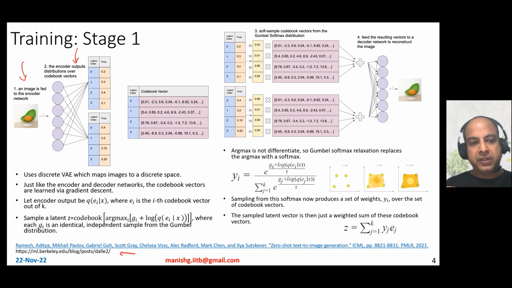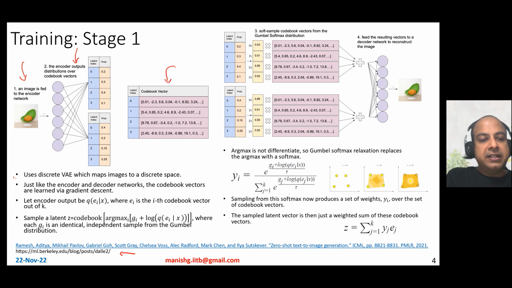So the idea is that DALL-E has this notion of storing 8192 vectors, which represent some sort of a basis, right? And then the CNN encoder is responsible for outputting a categorical probability distribution over these 8192 different codebook vectors.